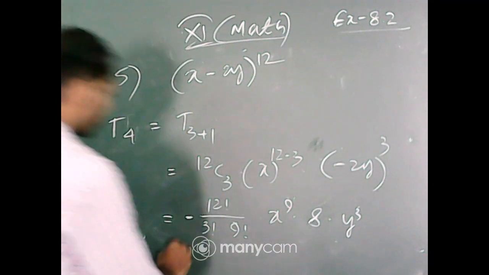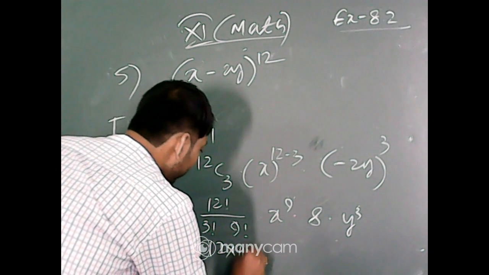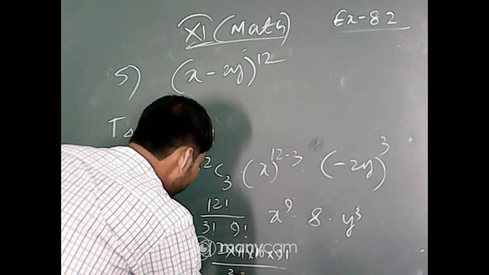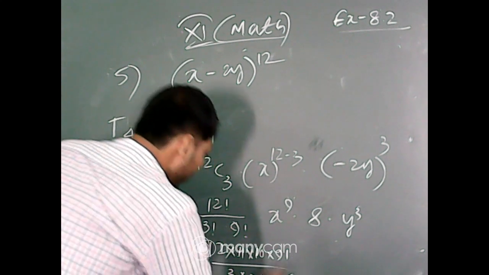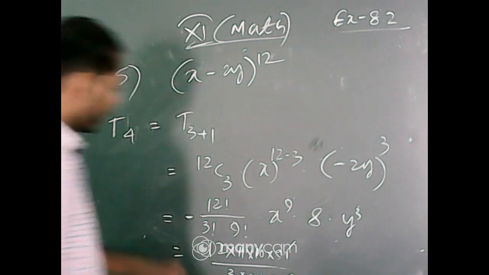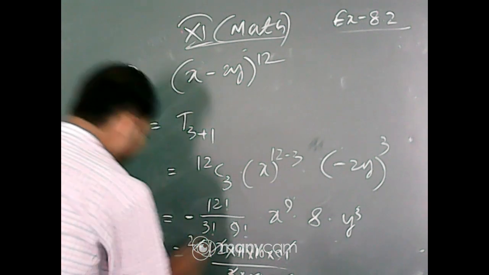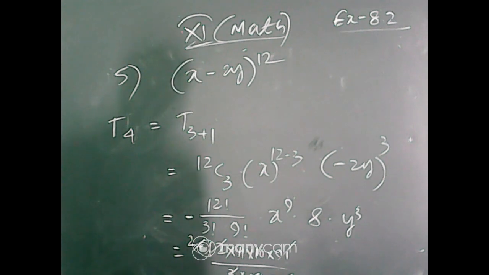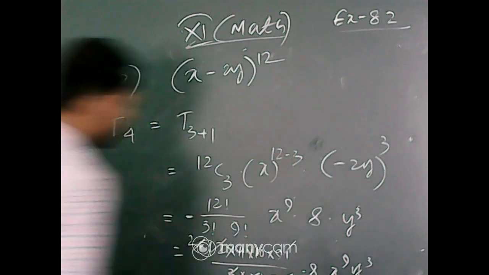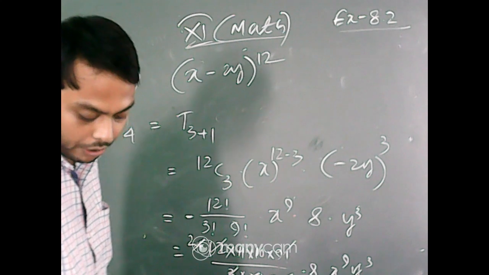Okay, now just do the calculation. 12 into 11 into 10 into 9 factorial by 3 into 2 into 9 factorial. 9 factorial cancels out from both denominator and numerator, and then after cancelling 12 by 3 will be 4, and again 4 by 2 will be 2. So 2 into 11 into 10 into 8, and then x to the power 9 and y cube.